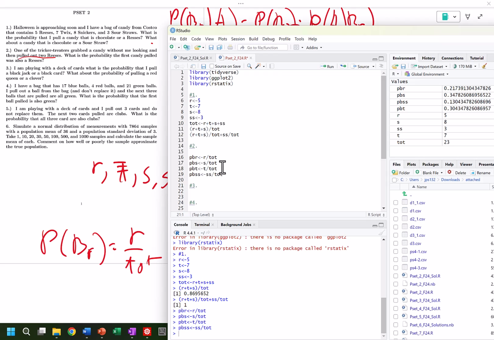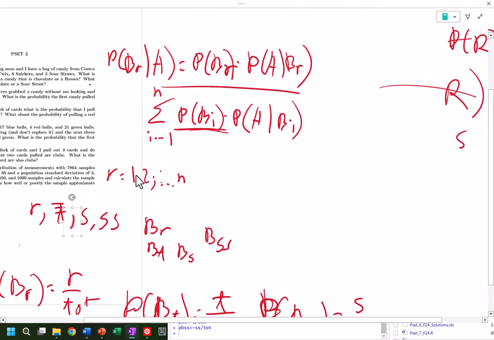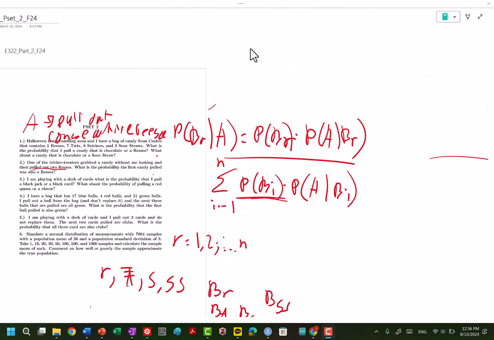So now comes a little bit of the harder part, or actually the part that can confuse people. Now we have to look at the probability that we pull out these 2 Reese's, A, given that the first candy was also a Reese's. So this is the fact that was just given here.